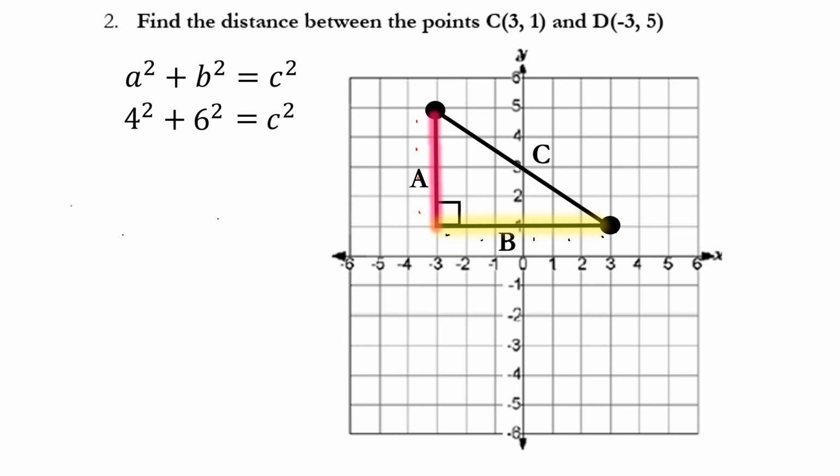So just like we've been saying all along, type this whole thing into your calculator, 4 squared plus 6 squared, and hit equals. And you should get 52. The last step is to always, I hope you said, take the square root. So we have to take the square root of 52.